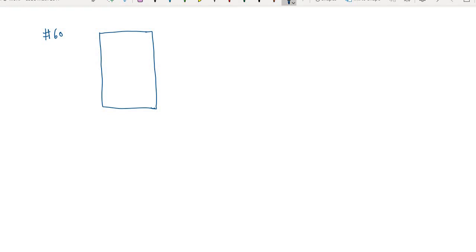Then you have a surveyor. Let's put the surveyor right here. The surveyor is standing on ground level, right here on the ground, and he is surveying using his instrument, a tripod stand. He's trying to determine the height of this building.